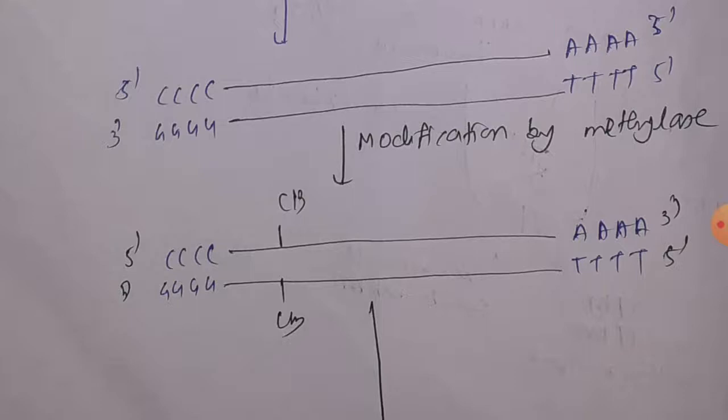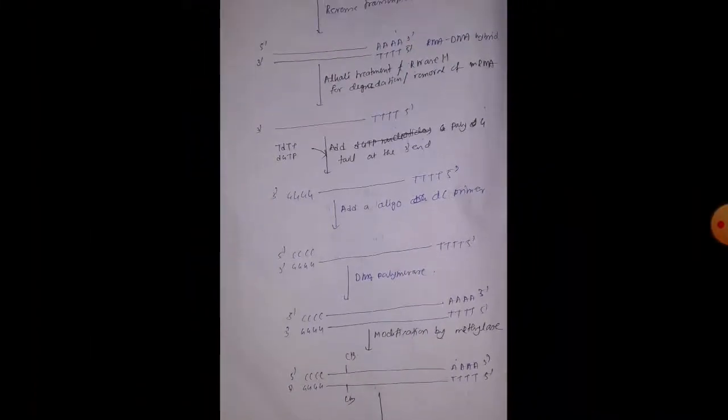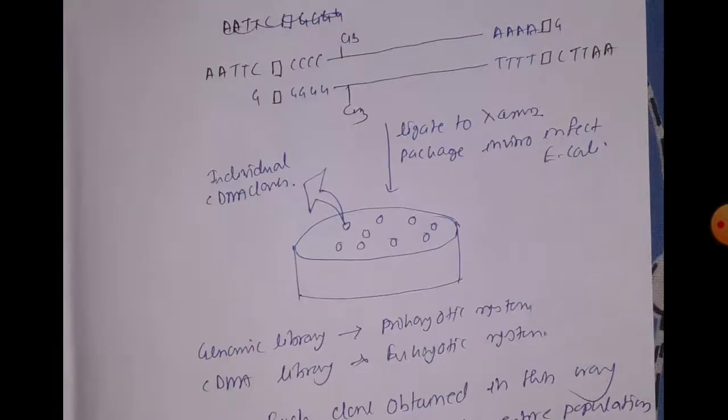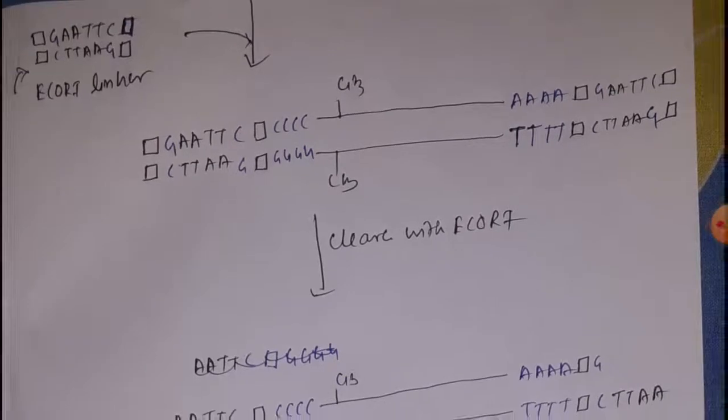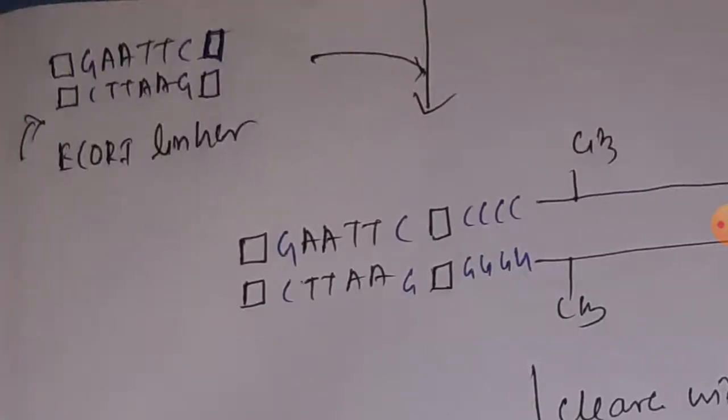Linkers are what? Linkers are short nucleotide sequences which contain restriction recognition sites for a number of different restriction endonucleases. Here we will use an EcoR1 linker. That means an EcoR1 linker is nothing but a short nucleotide sequence which will contain the restriction site or recognition site for EcoR1 enzyme.